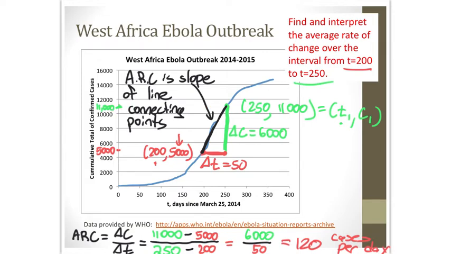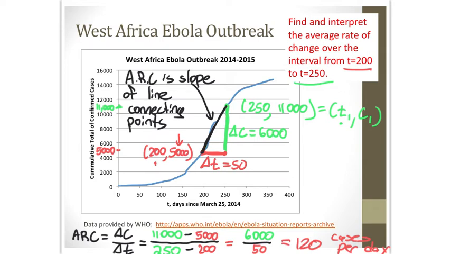And then we take a look at what is the change in the total number of confirmed Ebola cases. So that's going to be this 11,000 minus this 5,000. That was this distance of 6,000. Then we looked at the change in time, which was this 50-day period. And then we look at these 6,000 cases over a 50-day period. That averages out to 120 cases per day. So this average rate of change, visually speaking, we can picture it as the slope of the line segment connecting those 2 points.